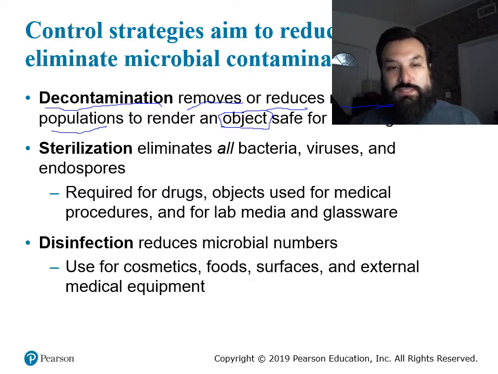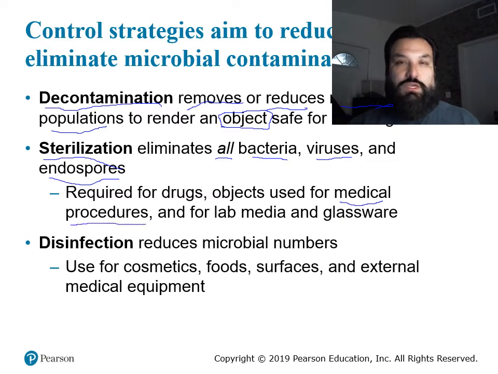And then when you sterilize, you eliminate all organisms, viruses included, and endospores, right? In medical procedures that require sterilization, because sometimes those procedures introduce things to a sterile environment, the tools or the equipment that you use has to be sterile itself.